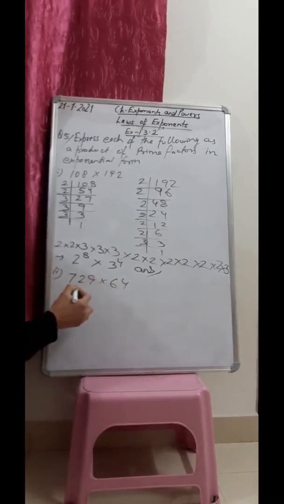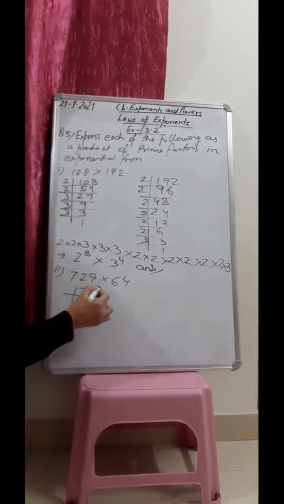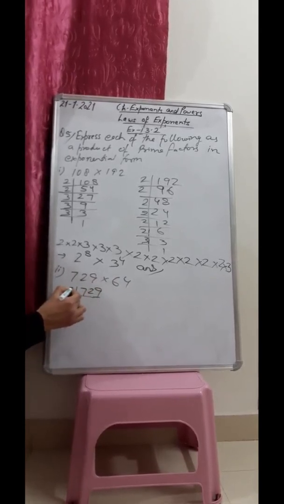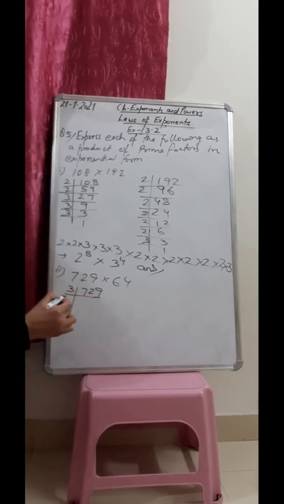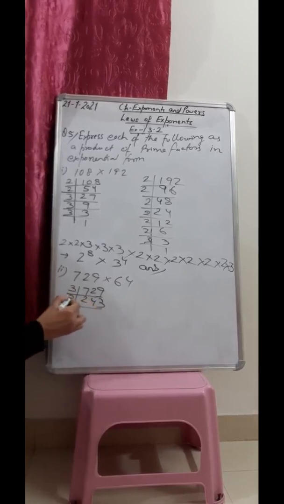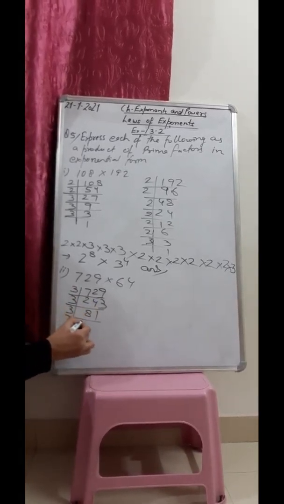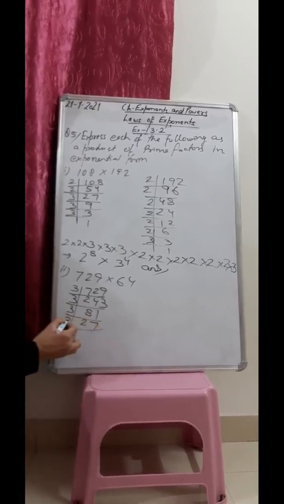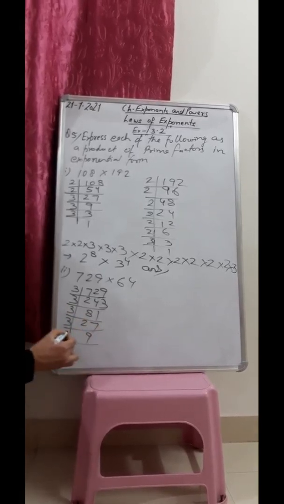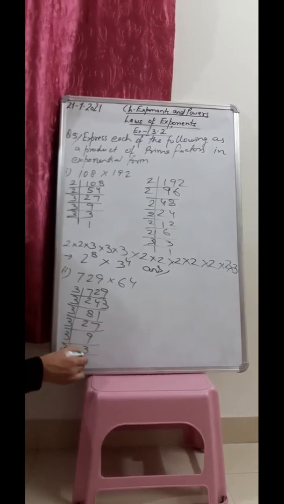Again we have to find the factors of 729. Again it is an odd number, so it will come in the table of 3. When you divide this by 3, you will get 243, and again you divide by 3, you will get 81, again by 3 you will get 27, again by 3 you will get 9, again by 3 you will get 3, again 3, 1.